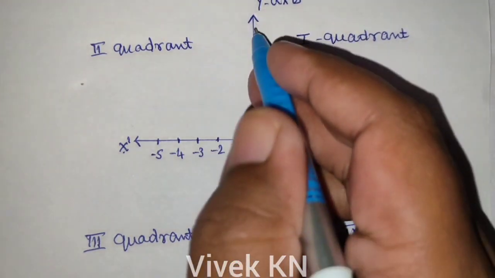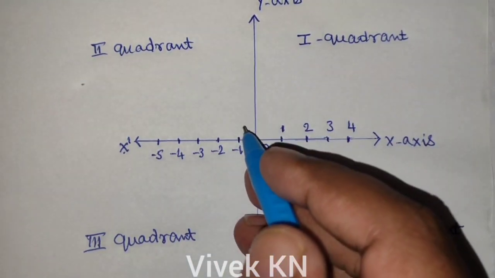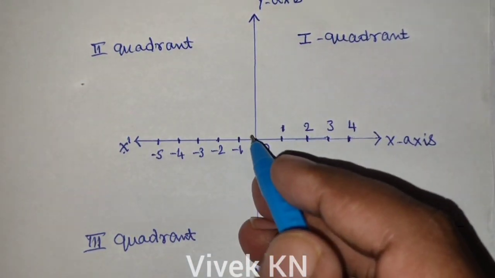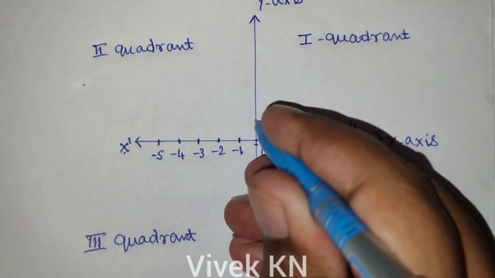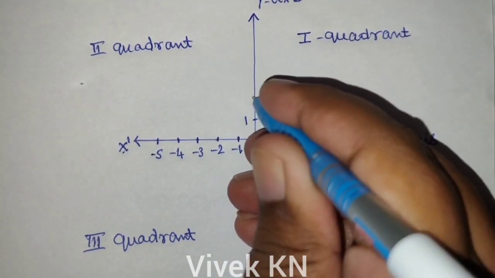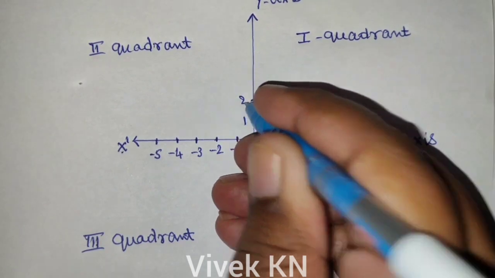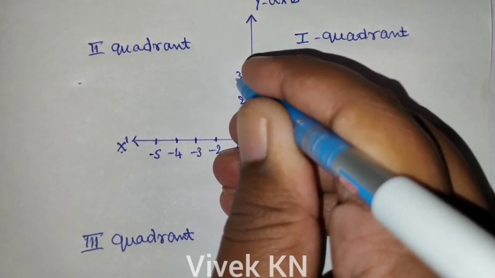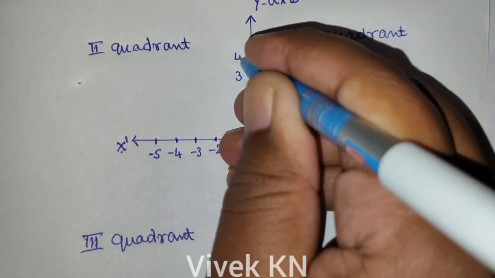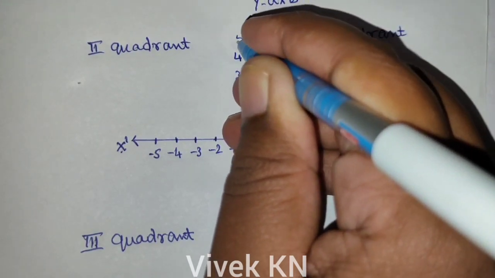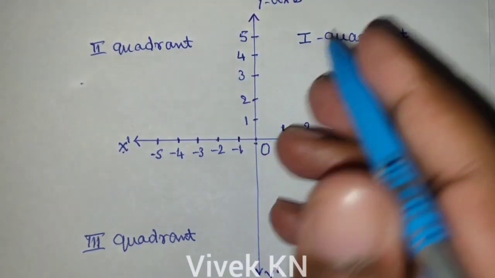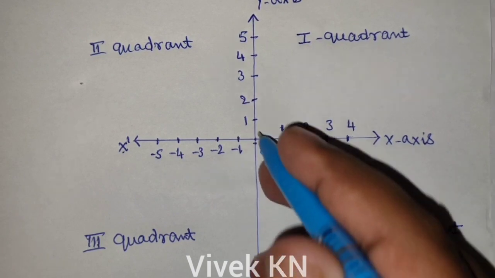Similarly, the y-axis possesses positive values above the origin. That is plus 1, plus 2, plus 3, plus 4, plus 5, and it possesses negative values below the origin.